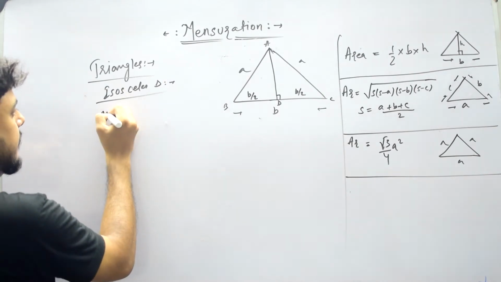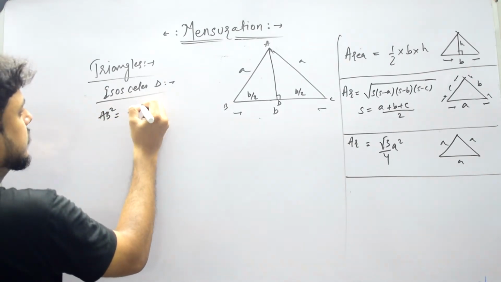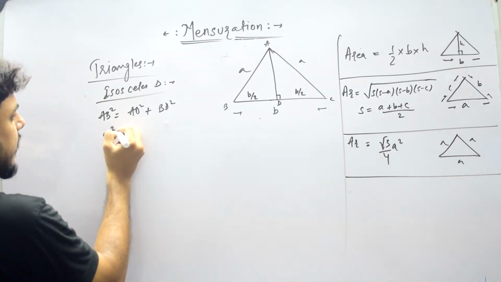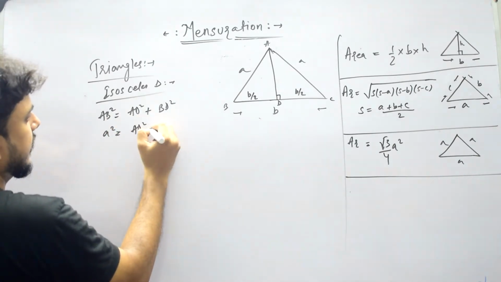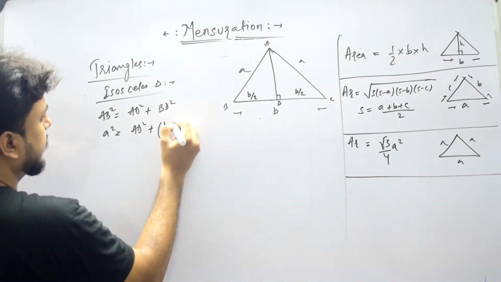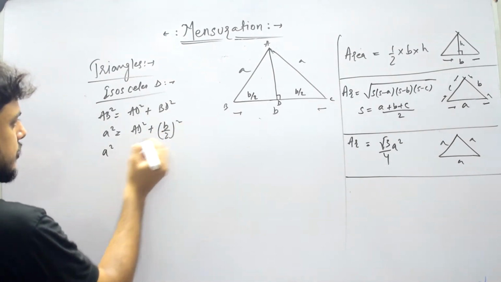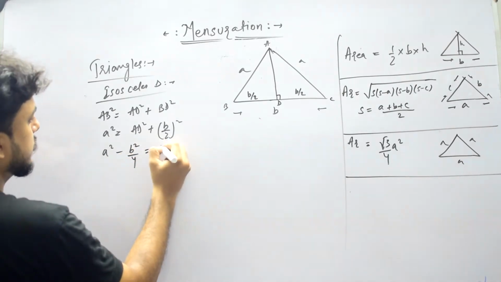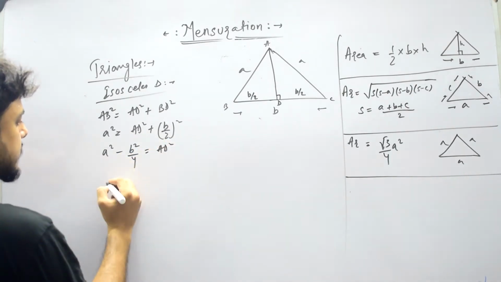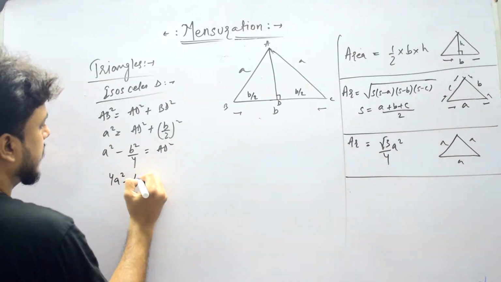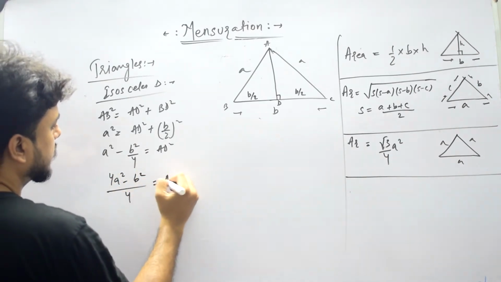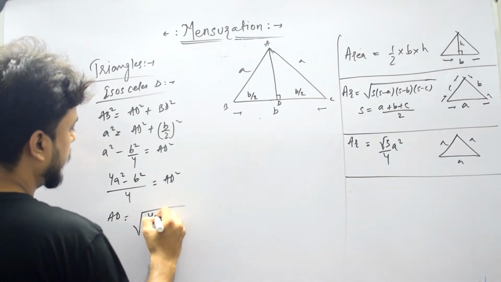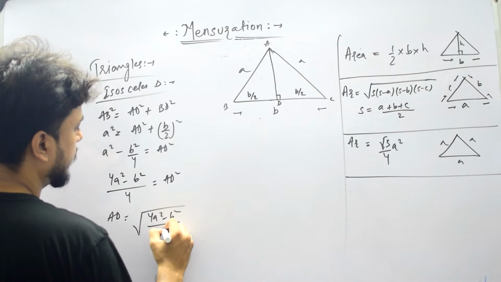So see, AB square equals AD square plus BD square. Now AB is A, so A square, AD we have to find, and BD is B by 2 whole square. So this becomes A square, now this will come to this side, it will become minus B square by 4 equals AD square. Now if I take LCM, I will get 4A square minus B square by 4 equals AD square. So AD is root over 4A square minus B square by 4.